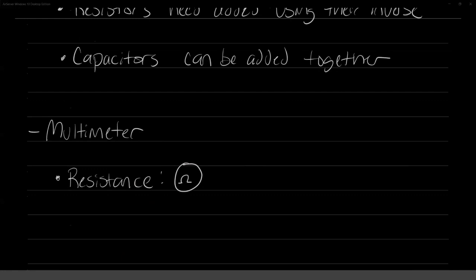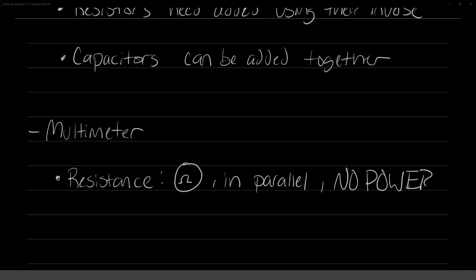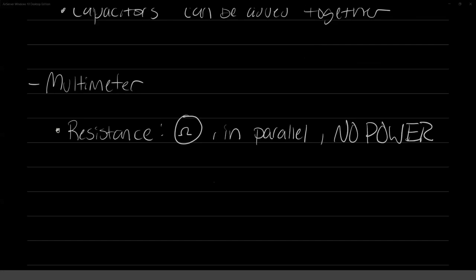You have to set up the circuit in parallel, and the power must be off. Otherwise it won't work. And I can see her probably asking a question about that on the test.